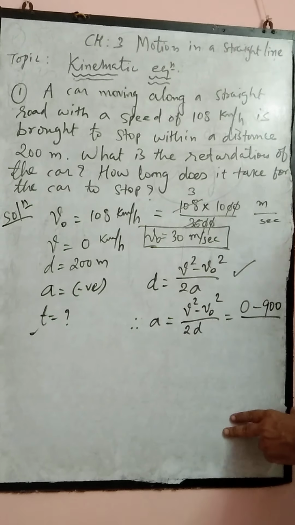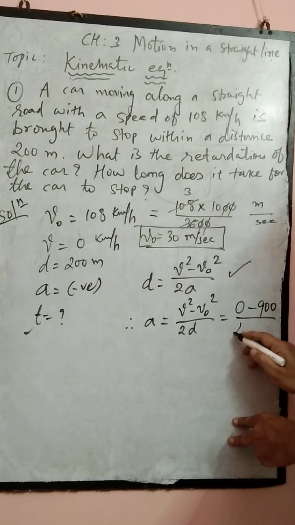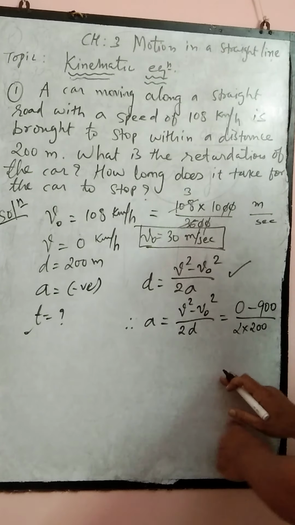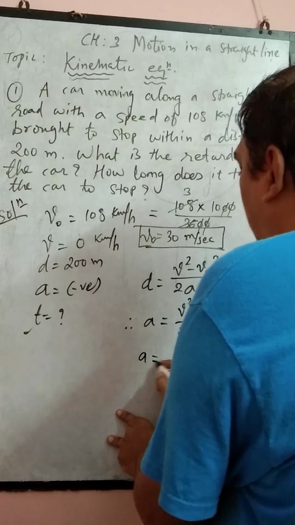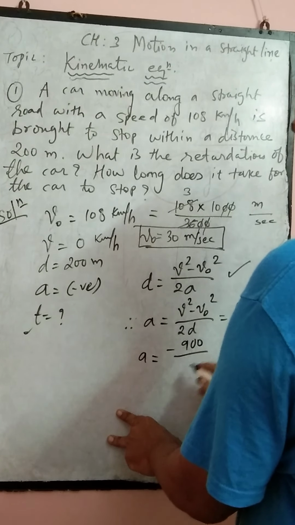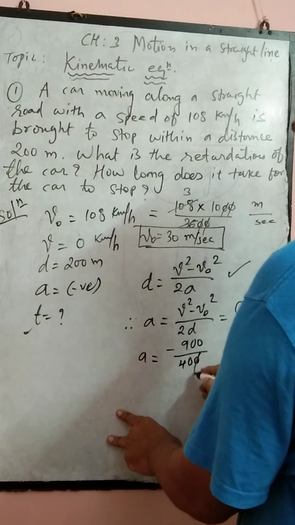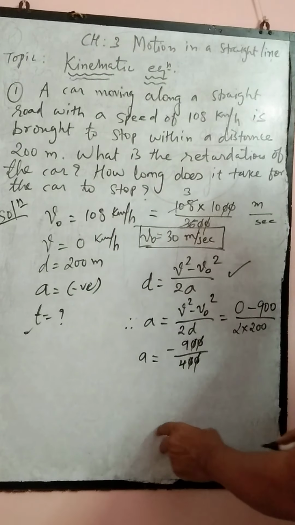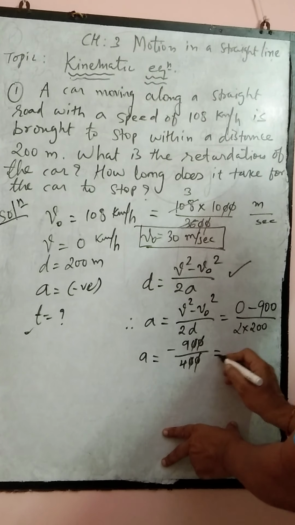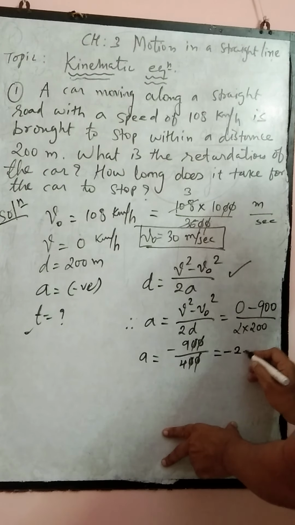Divided by 2 into D. D is what? 200, right? So A is equal to minus 900 divided by 400. The 0s get cancelled out. That means minus 9 by 4, that is equal to minus 2.25 meter per second square.